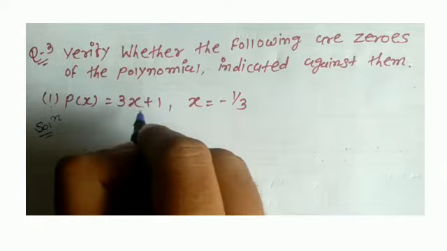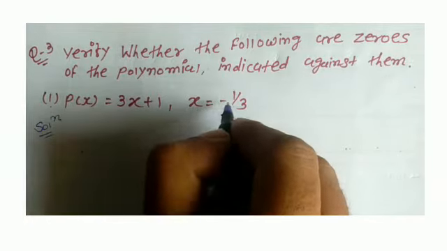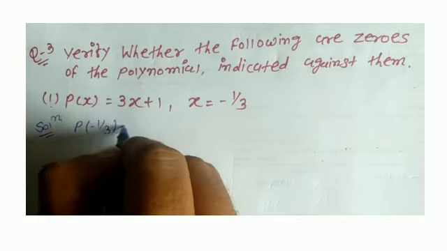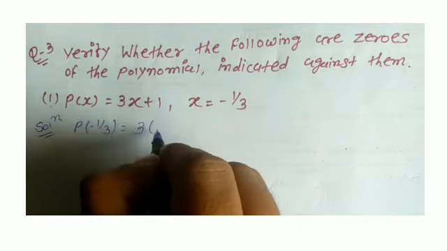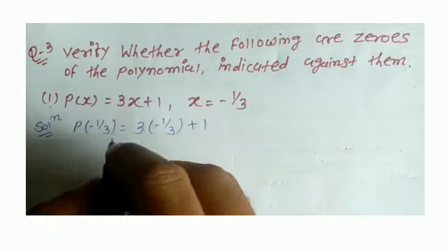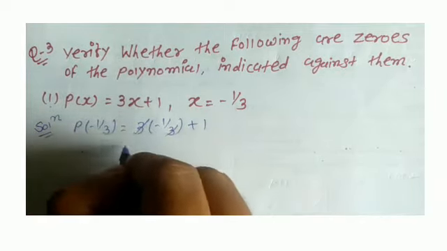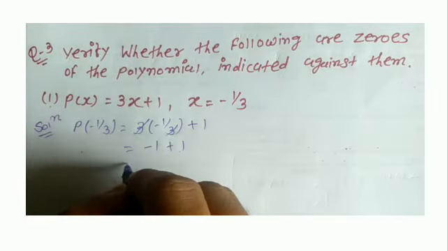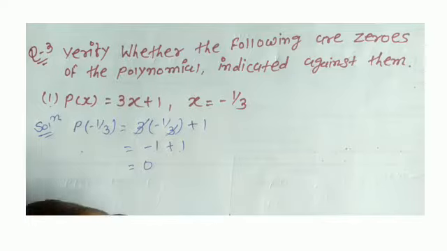P of x is equal to 3x plus 1. Now x is equal to minus 1 by 3. So P of minus 1 by 3 is equal to 3 into minus 1 by 3 plus 1. So 3 cancels out, and we can write minus 1 plus 1 is equal to 0.